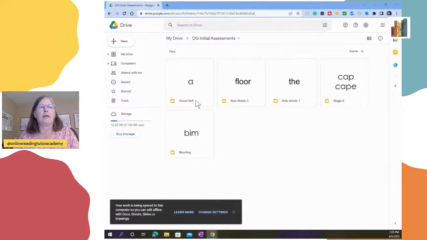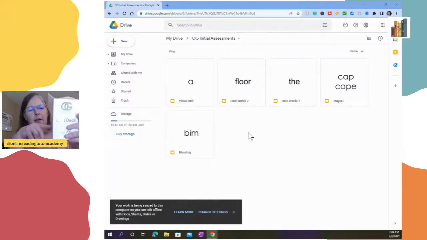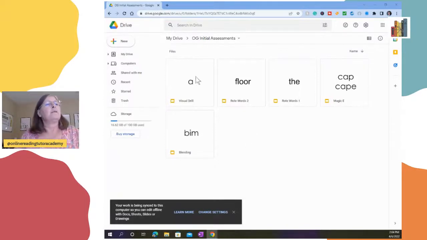I have a visual drill, which is a stack of cards that I have available through my training, and all the letters are in lowercase.